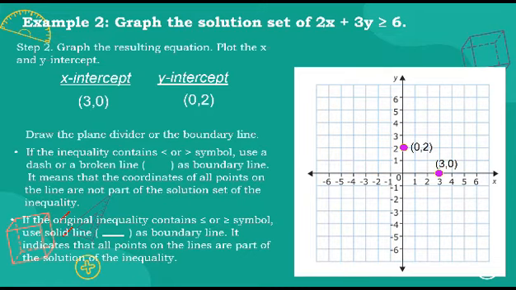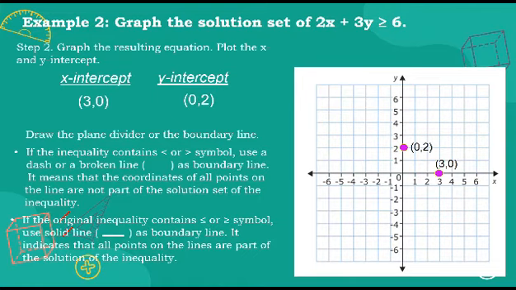If the inequality contains a less than or greater than symbol, use a dash or a broken line as the boundary line. It means that the coordinates of all points on the line are not part of the solution set of the inequality. If the original inequality contains a less than or equal to or greater than or equal to symbol, use a solid line as the boundary line.